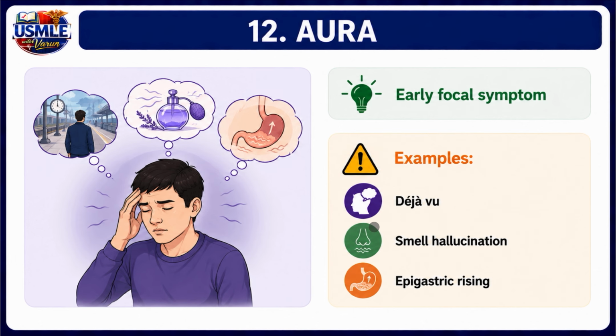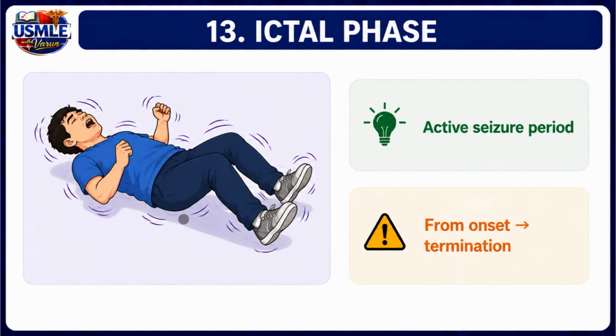These symptoms occur before consciousness becomes impaired. The ictal phase begins when abnormal electrical activity starts and continues until the seizure terminates. This is the period during which the characteristic motor, sensory, autonomic, or behavioral manifestations of the seizure occur.